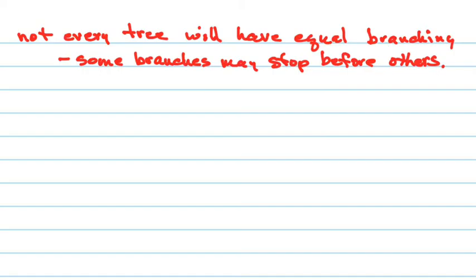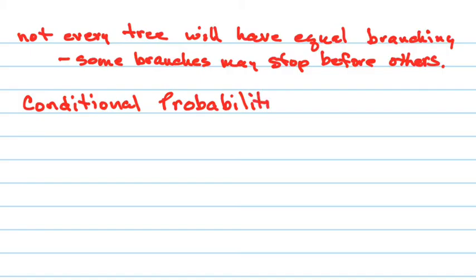Okay? And that brings up something a little different called conditional probability, which was not in our review, but for some reason they throw it in here. So we need to talk about it.